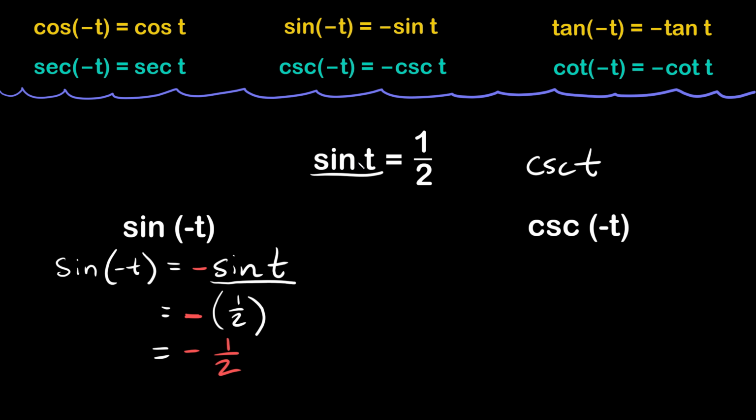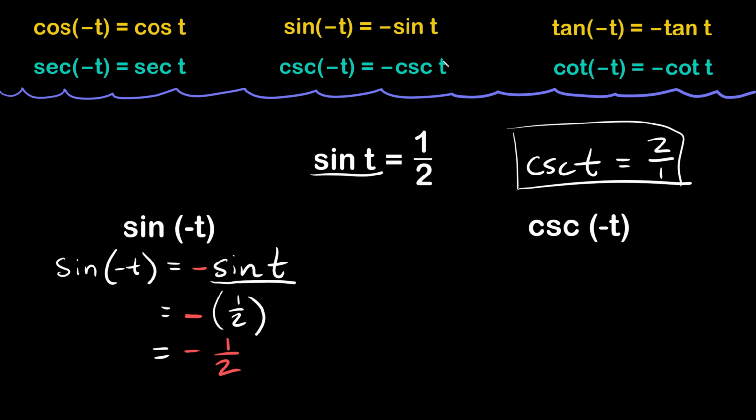The problem tells us that the sine of t is equal to 1/2, so the cosecant of t is going to be equal to 2/1. These two are reciprocals. That is pretty helpful, because we can use this information to find the cosecant of negative t.